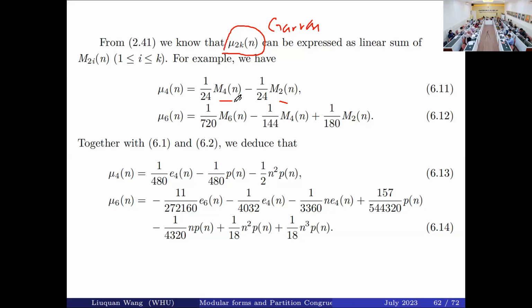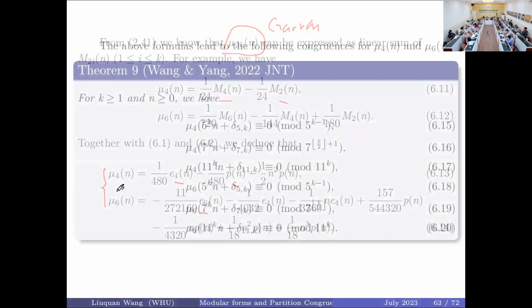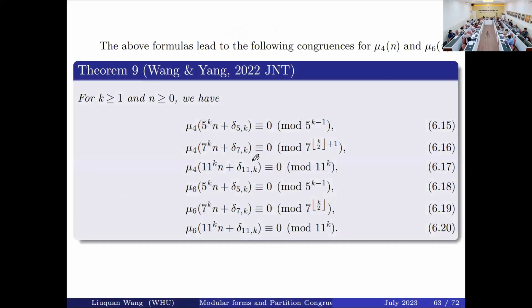Since m4(n) and m2(n) can also be expressed by E_{2r}(n) and p(n), we can express these functions by things we know, such as E4, E6, p(n). And since the right side is clear to us, the left side is also clear to us. So combining all this information, we find the following congruences modulo powers of 5, 7, and 11 for mu4 and mu6.